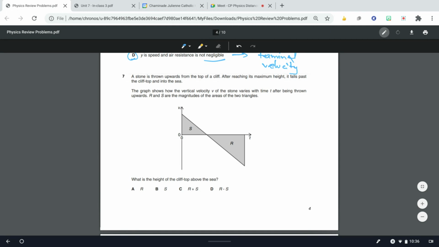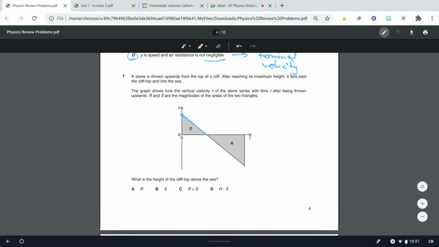Now gravity is going to act against it and start slowing it down, right? So you threw the stone with some velocity right here, this blue dot. Once the stone left your hand, it's going to start slowing down because gravity is acting on it.